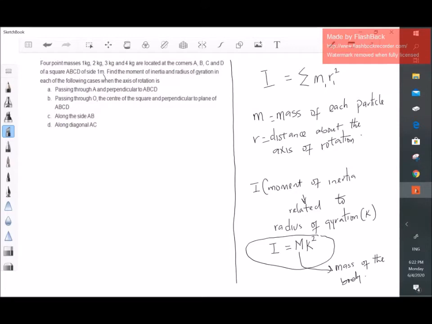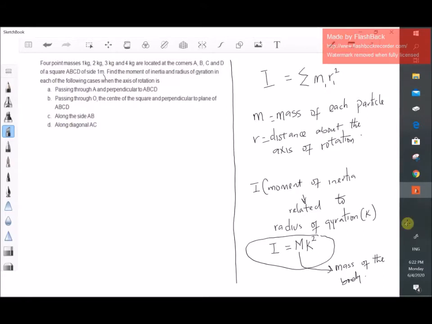Now let's look at the question. It says four point masses 1 kg, 2 kg, 3 kg, and 4 kg are located at the corners A, B, C, and D of a square of sides 1 meter.